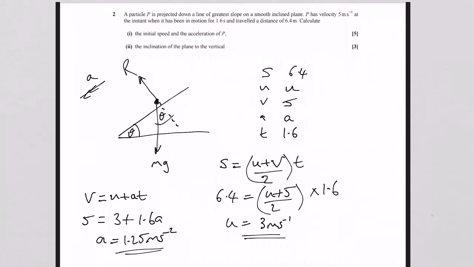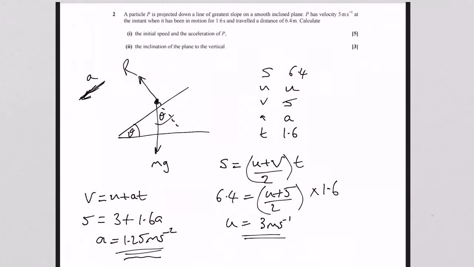To do part 2, you need to now use your force diagram. This becomes important. What you'd want to do here is resolve parallel to the slope, to use this acceleration information we have to help you find the angle involved.